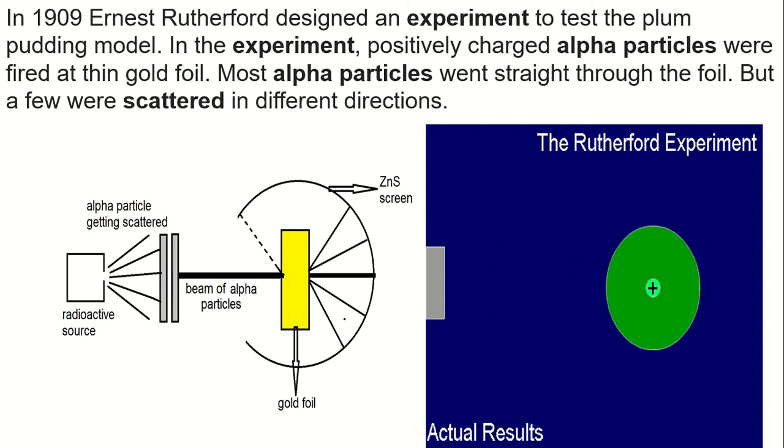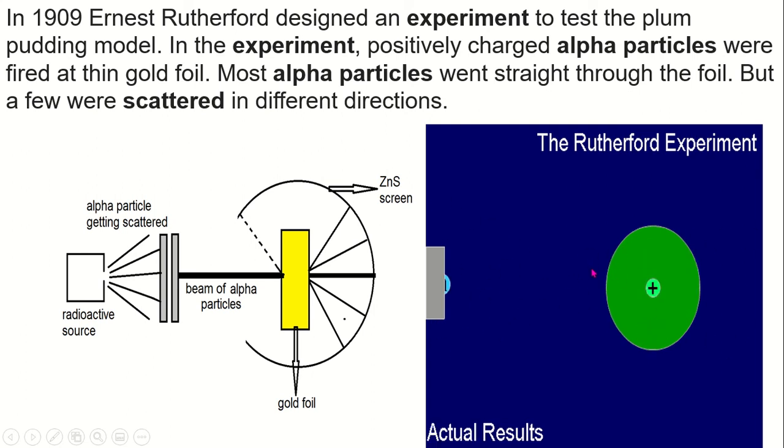So most of the space of an atom is empty, since the mass of the electron is negligible in comparison to the alpha particle. Electrons may exist in the empty space, but they cannot change the path of the alpha particle. That's why most alpha particles go straight through the gold foil.